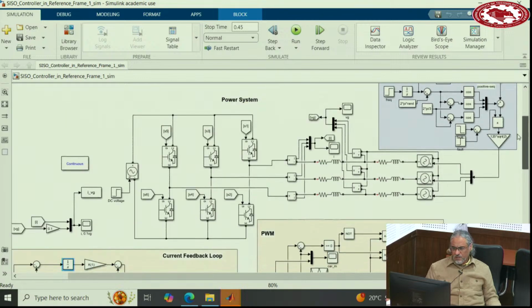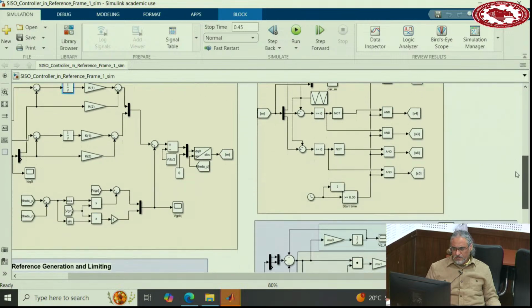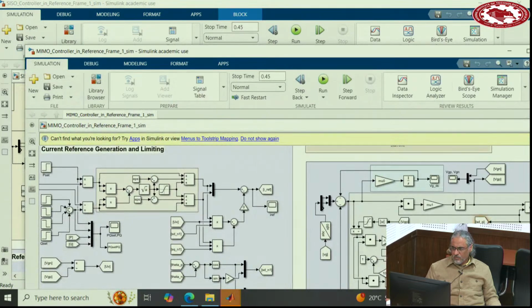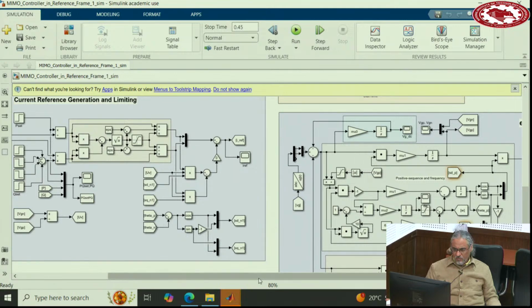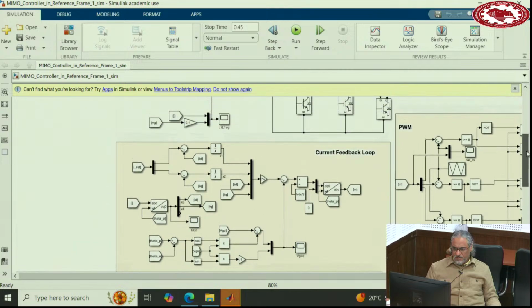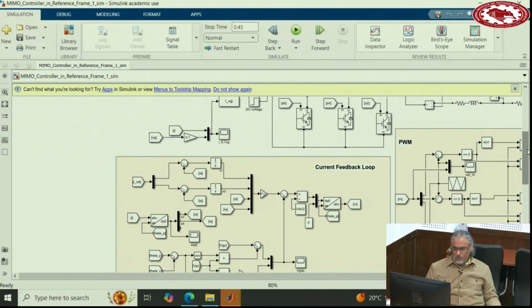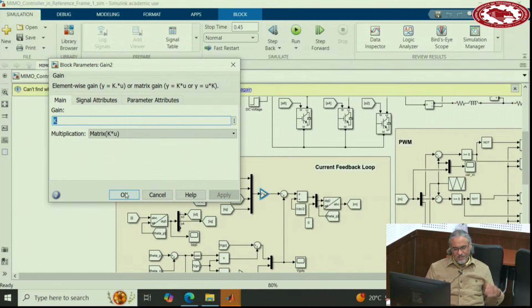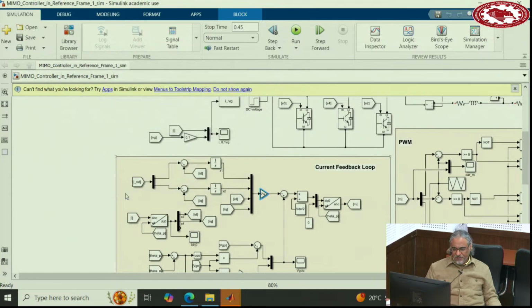I think this is the CISO. For MIMO, the only difference here is in your controller. So I summarized everything in this small block here: K into X equals U. K is defined in the parameters in the simulation.